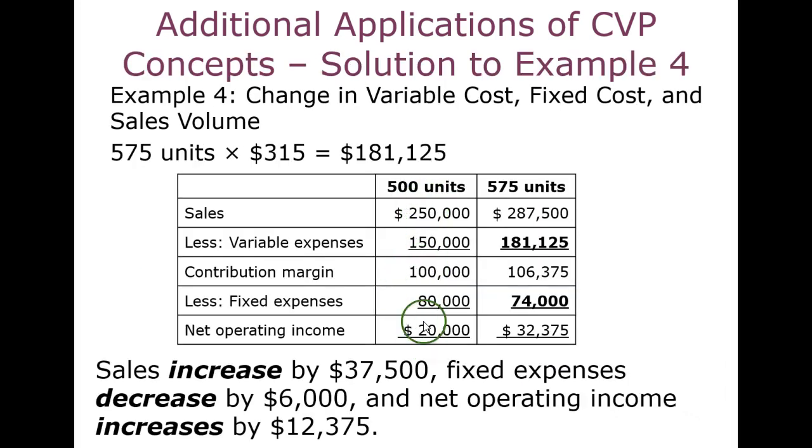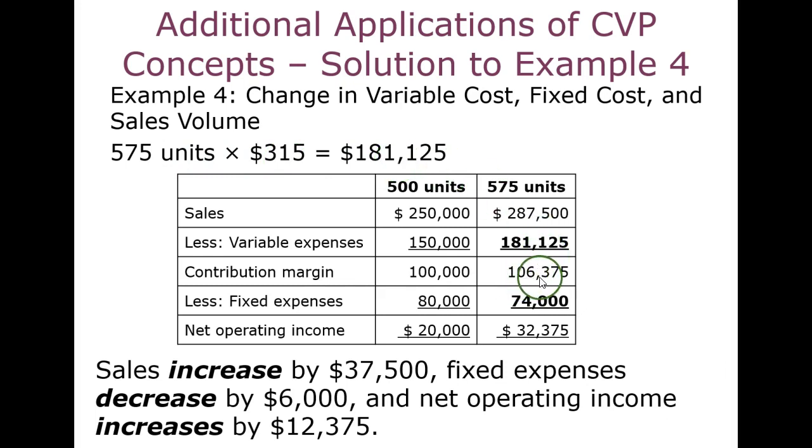Here's the original, and now sales go up to $287.5. Variable expenses increase because we did have $300 per unit variable expenses. The sales commissions now add $15 more to that number, and so 575, the new number of units, times the new variable cost per unit, $181, $125.